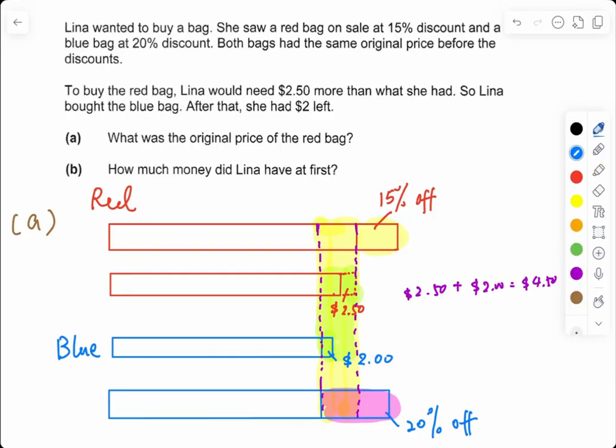Now the red bag is 15% off, but the blue bag is 20% off. So we know the difference is, let's use 20% subtract 15% from 20%. The difference is 5%. So you can see clearly.